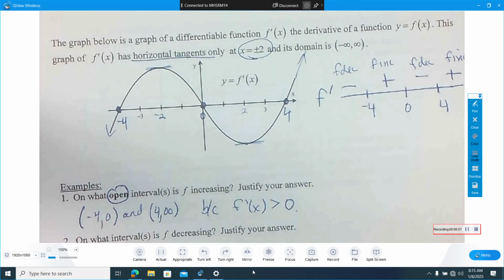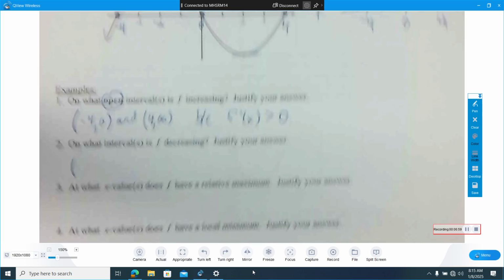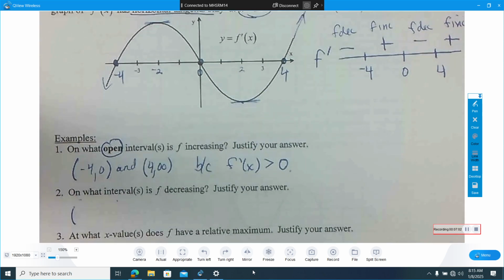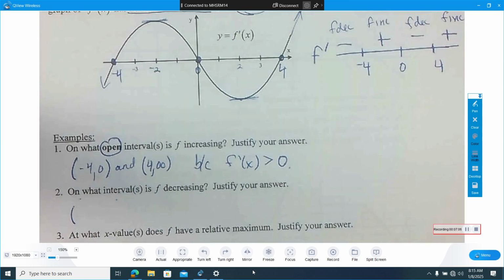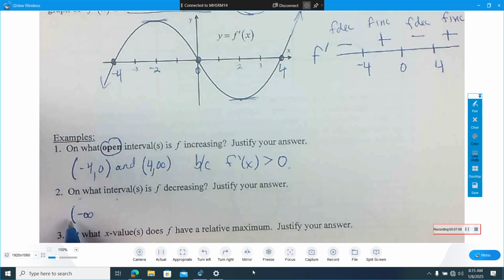Good. So the question here is, then we see f is decreasing from negative infinity to negative 4 and also 0 to 4. We've already written that. Negative infinity, or infinity, always gets a parenthesis because we can never equal it.